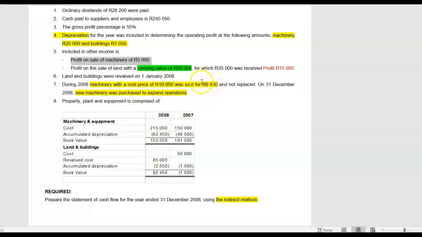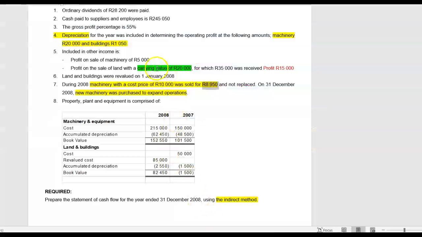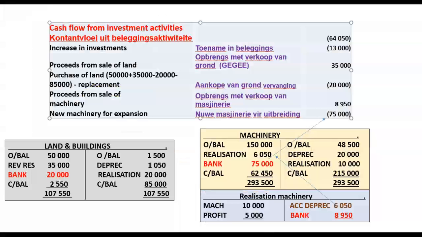Now, they tell us that that machinery was actually sold for 8,950. So in our asset disposal account, we have received 8,950 Rand for that machine. They told us that the cost price was 10,000 Rand. So we can take out the 10,000 Rand, but we must remember that there is still accumulated depreciation.